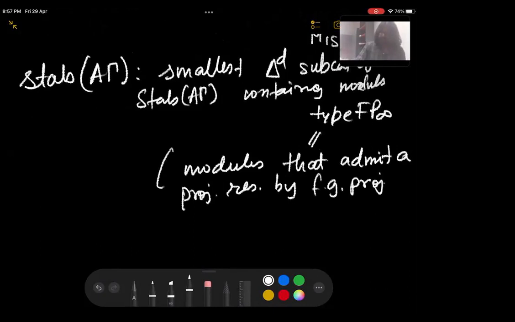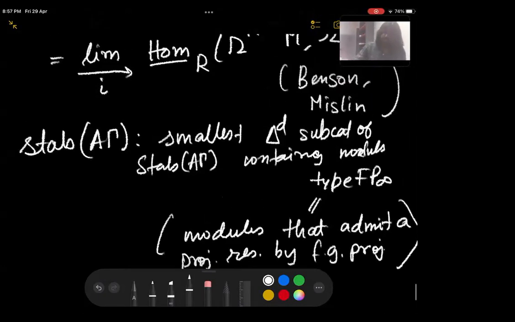Again, I'm in the abelian module category, not in the stable category. So I look at these modules that have projective resolutions with finitely generated projectives. Then I look at the smallest triangulated subcategory containing them in Big Stab.